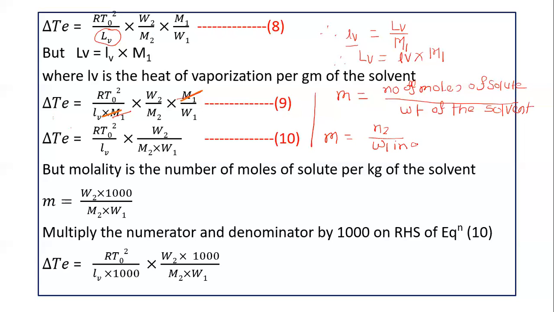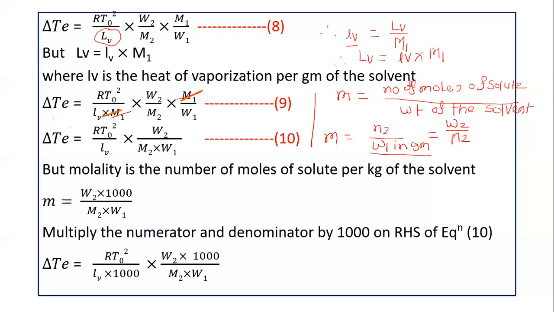But now according to the definition of the molality, it is number of moles per kg. So let us convert this gram into kg. Now we know that N2 is equal to W2 upon M2. It is divided by weight of the solvent in gram, W1.